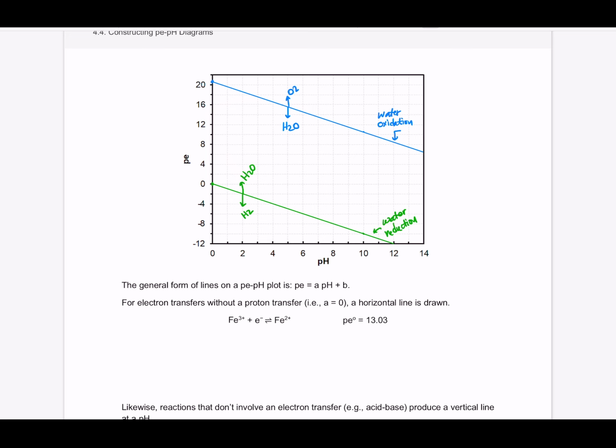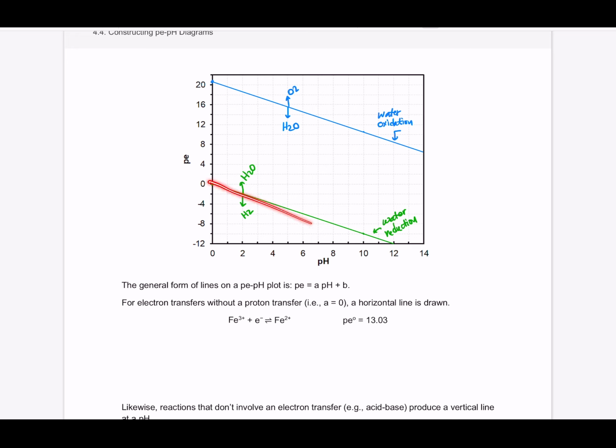So this is basically the water window. Otherwise, beyond that, this would be oxygen dominant, and this would be hydrogen dominant. So that would be the operational window for our pe-pH diagram, because if we pass that, then the dominant reaction would be related to water, not those species that we have.